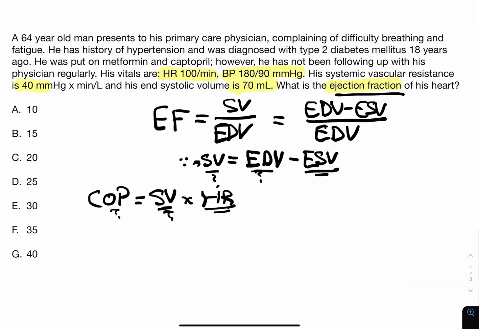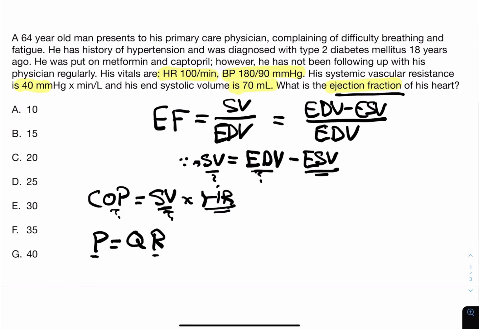Okay, so we could try and figure out another formula that would give us the cardiac output. So we're given the heart rate, blood pressure, SVR. So we could write down P equals QR. This is mean arterial pressure equals flow or cardiac output multiplied by the resistance. So we have the blood pressure and we have the systemic vascular resistance.